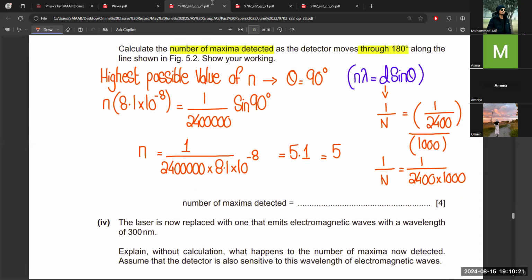In the half semicircle we get a total of 5 fringes. On the other side we also get 5, and the central one is also a bright fringe. So the total number of maxima detected is equal to 11, right?